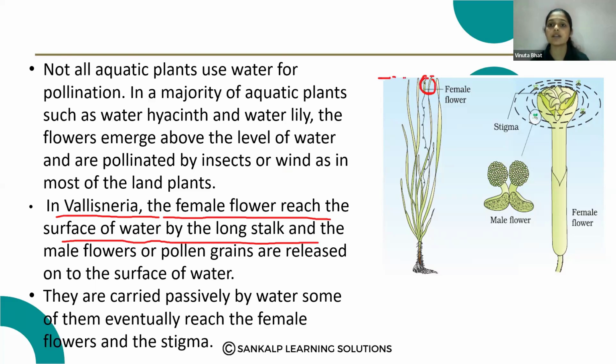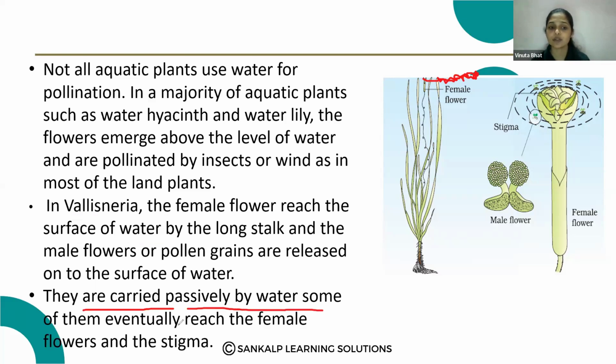The female flower reaches the surface of the water through this long stalk, and the pollen grains are also released onto the surface of the water. They are carried passively by the water current, and some of them eventually reach the stigma of the female flower.